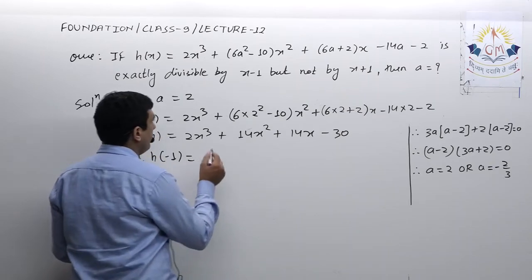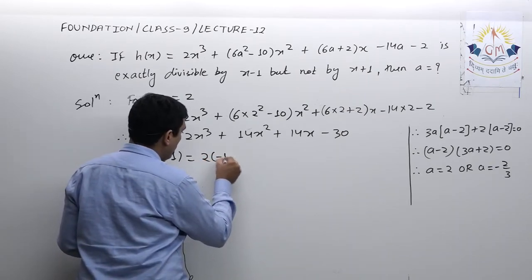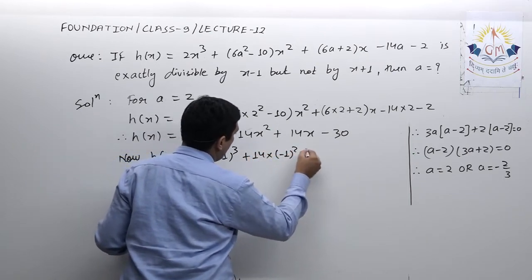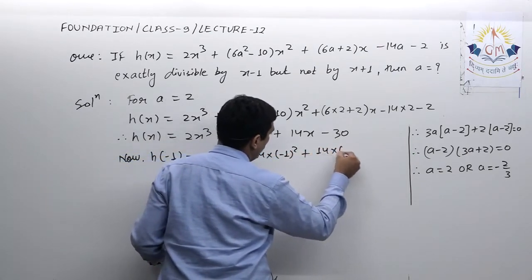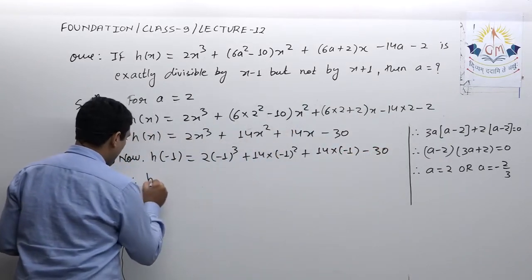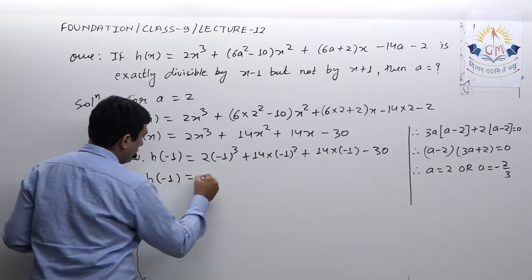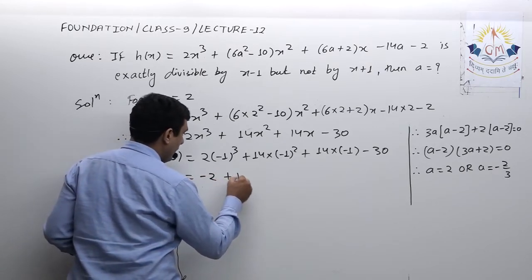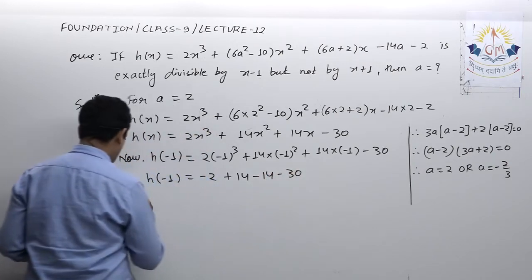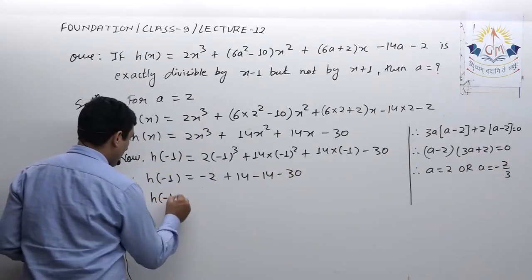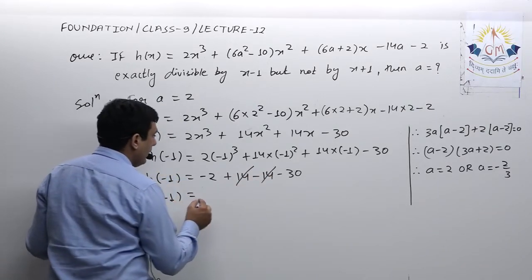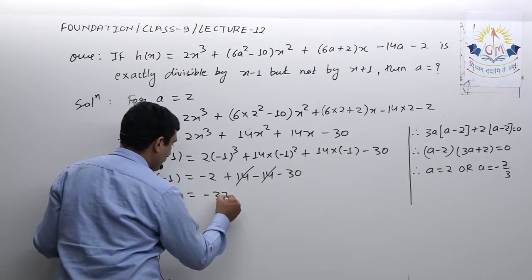Okay, so h of minus 1 is 2 into minus 1 cube plus 14 into minus 1 square plus 14 into minus 1 minus 30. Therefore h of minus 1 is equal to minus 2 plus 14 minus 14 minus 30. See, plus 14 minus 14 will cancel out, and here the answer is minus 32.